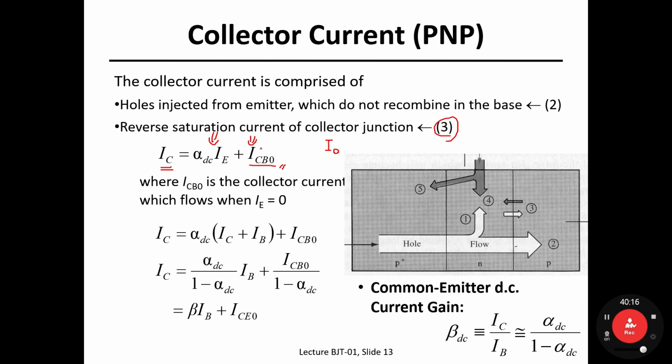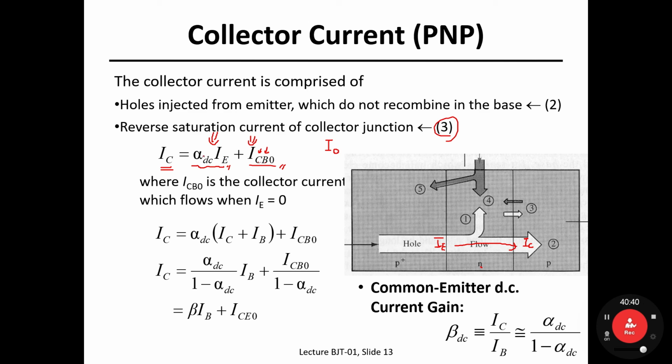But since this saturation current is flowing between collector and base, CB has been included additionally. And take a look at here. That is IE and that is IC. How they are transported.